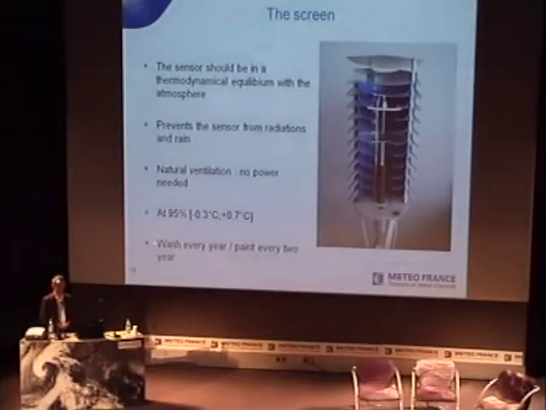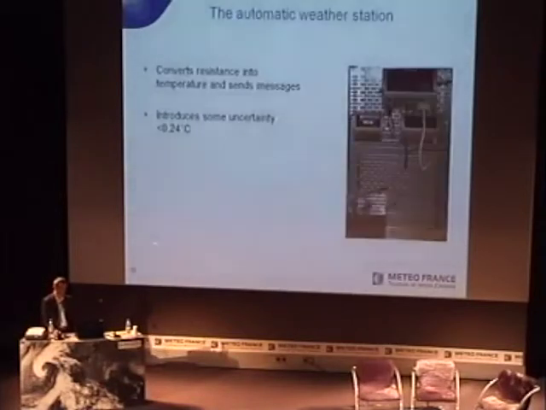That is interesting to have remote locations far from energy sources. And the uncertainty at 95% confidence is minus 0.3 degrees Celsius and plus 0.7 degrees Celsius. This is an average screen. There are better screens, but this one is not bad.